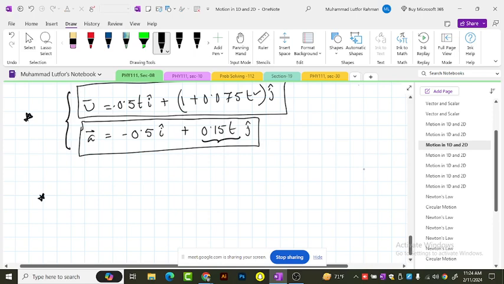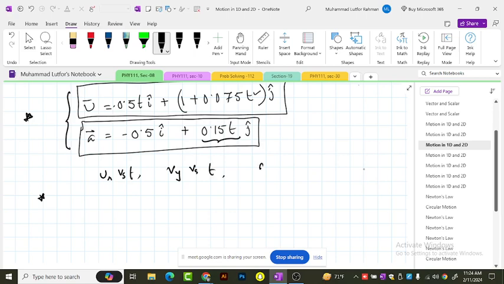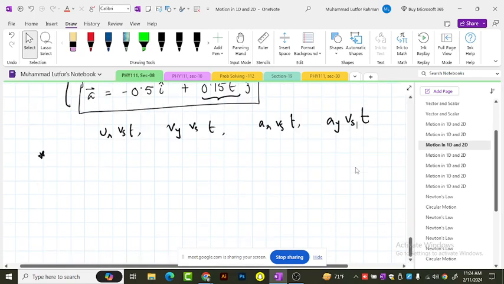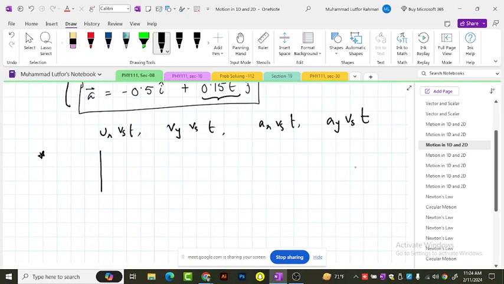They asked me to draw the velocity Vx versus t, Vy versus t, and also Ax versus t and Ay versus t. Can anyone tell me what the curve of this Vx versus t should be?